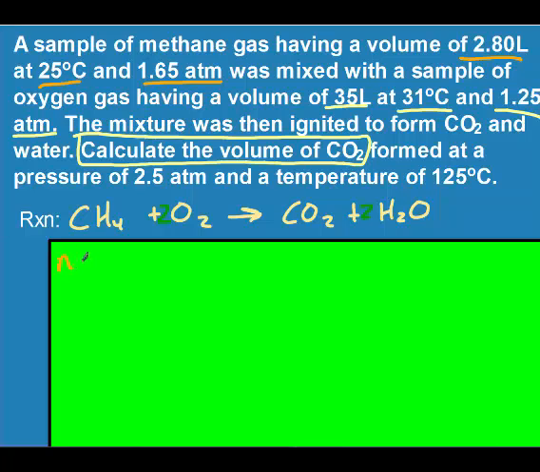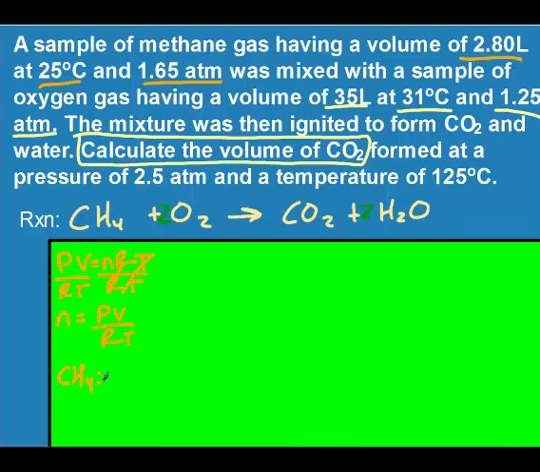So solving for moles, I'm going to divide by RT. So moles is PV over RT. So the first thing I'm going to solve for is methane.